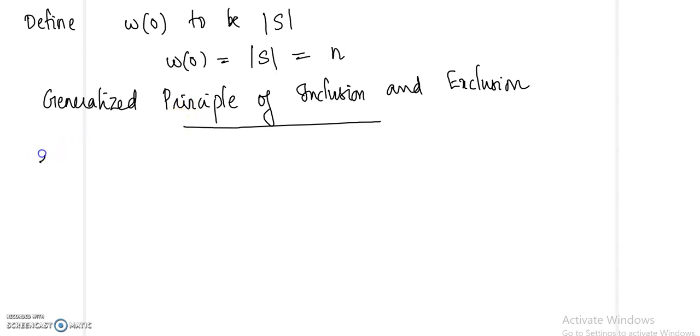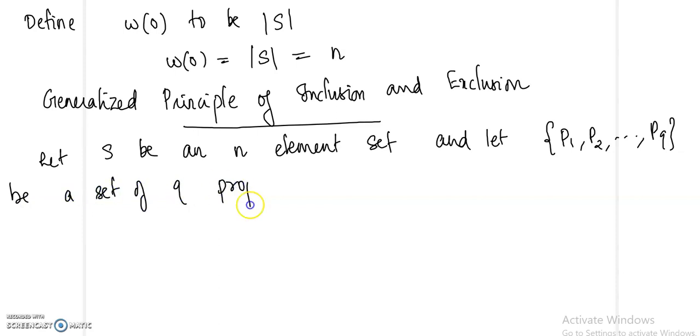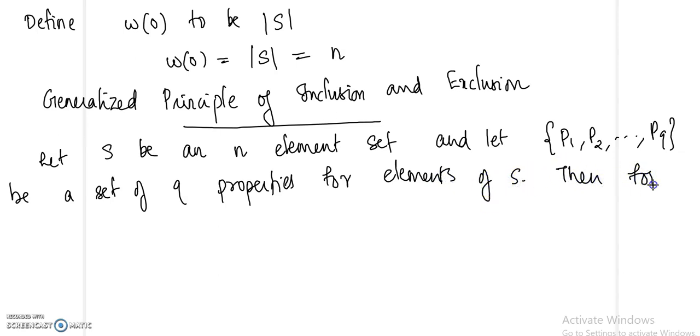Okay, so let S be an n element set and let P1, P2, etc. PQ be a set of Q properties for elements of S. Then for each m equal to 0, 1, etc.